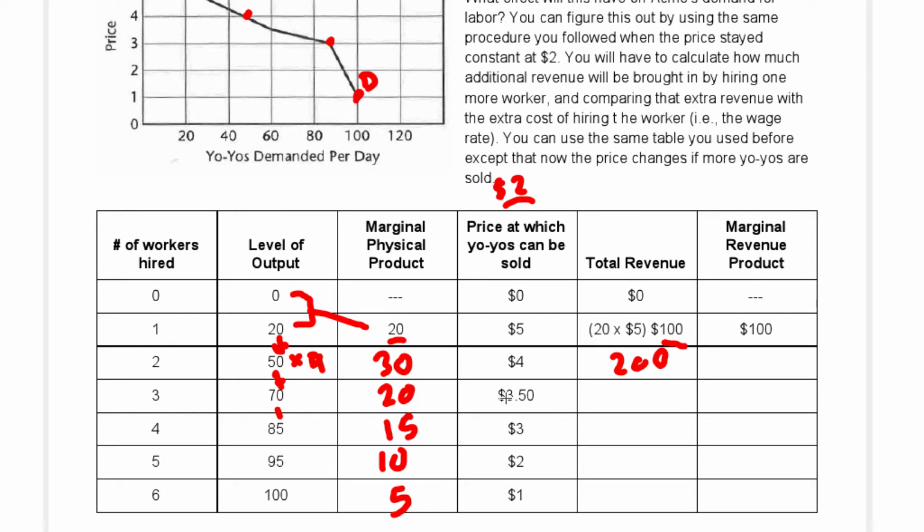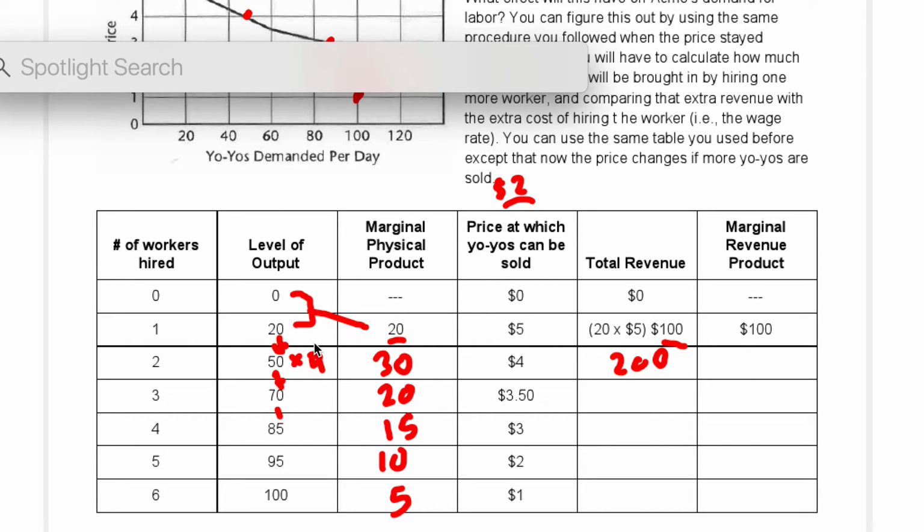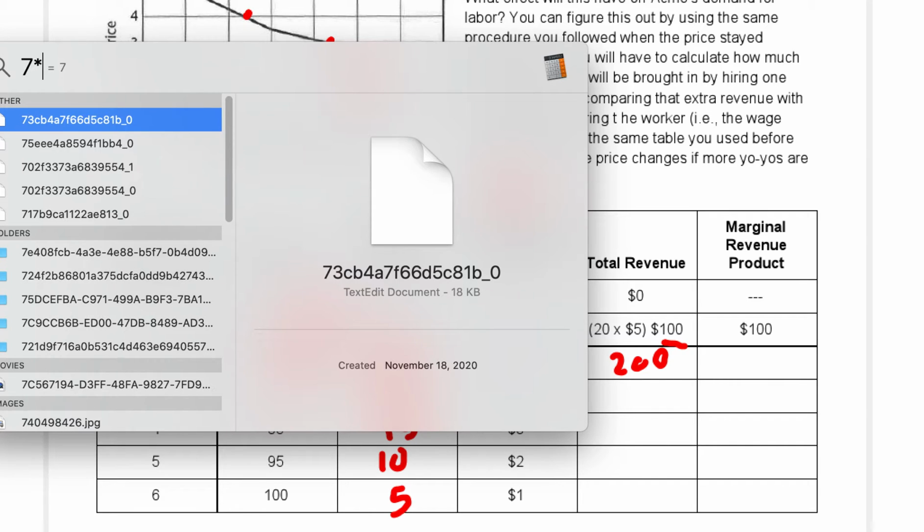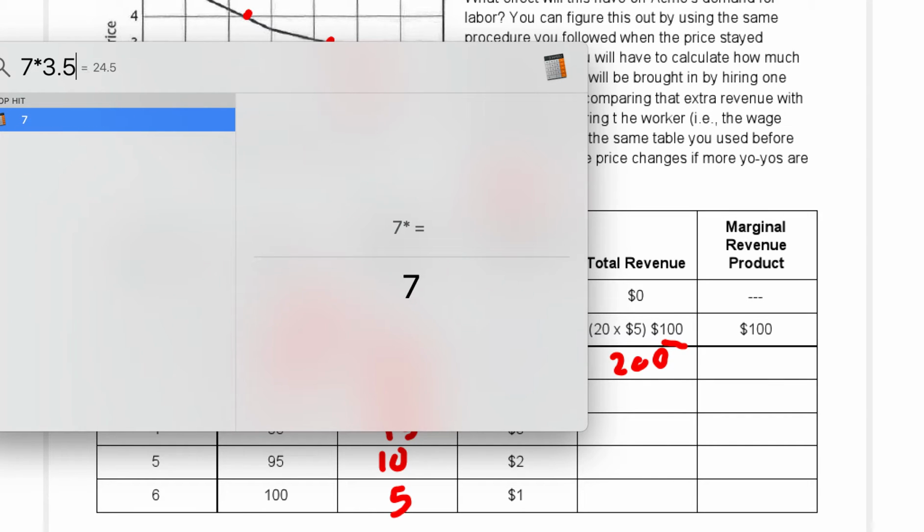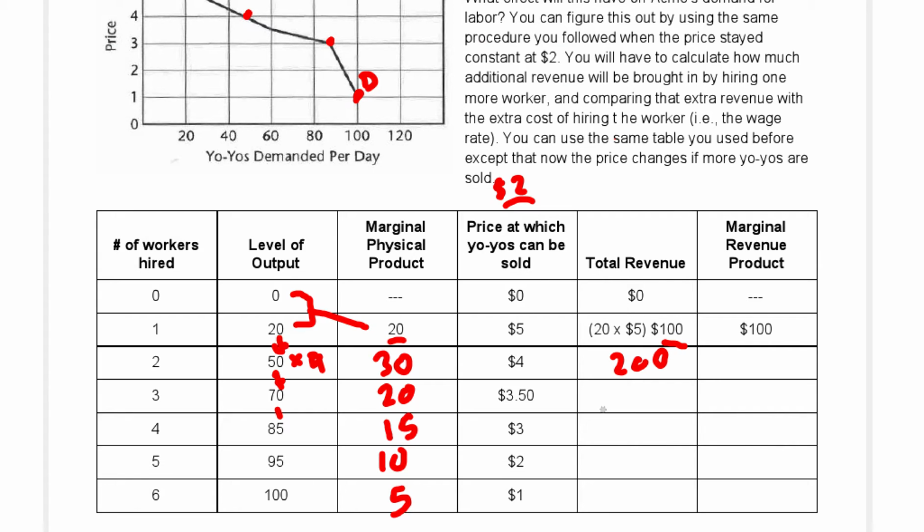At 70, I can sell these for $3.50. So 70 times 3.5, I do not have that number in my head right now. That's $245. Then 85 times 3, that's 255, I got to check my math.